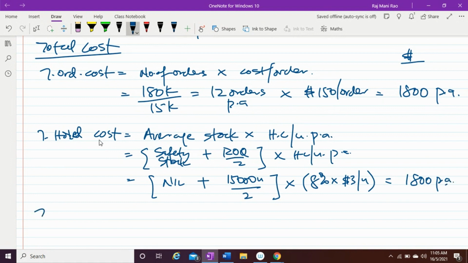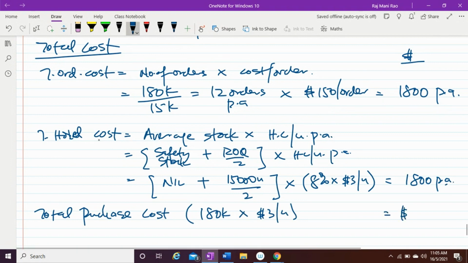1,800 per annum. So you also will include your total purchase cost because there's a bulk discount. You need to compare later. So which is what? 180,000 times $3, which we already have, 540,000.